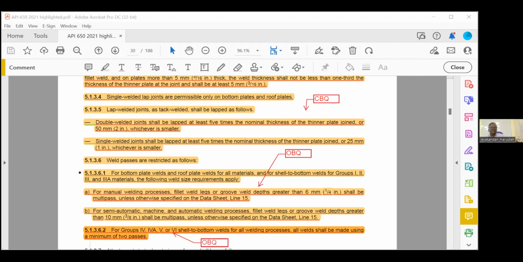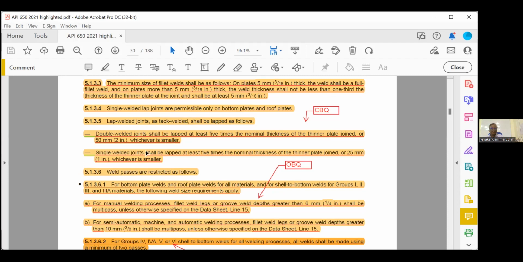For lap welded joints that are tack welded, they are asking about the tack. See, 5 times the thinner plate: the joint shall be at least 5 times the nominal thickness of the thinner plate. So nominal thickness, thinner only. The 2 inch they did not mention here, so the answer is correct. That is 5.1.3.5.